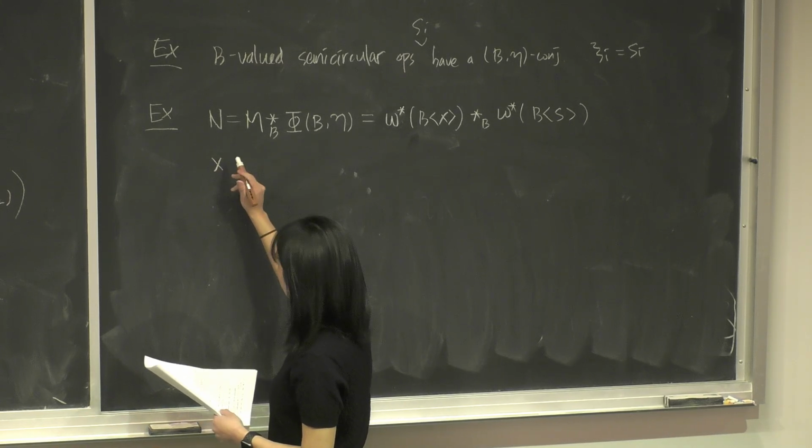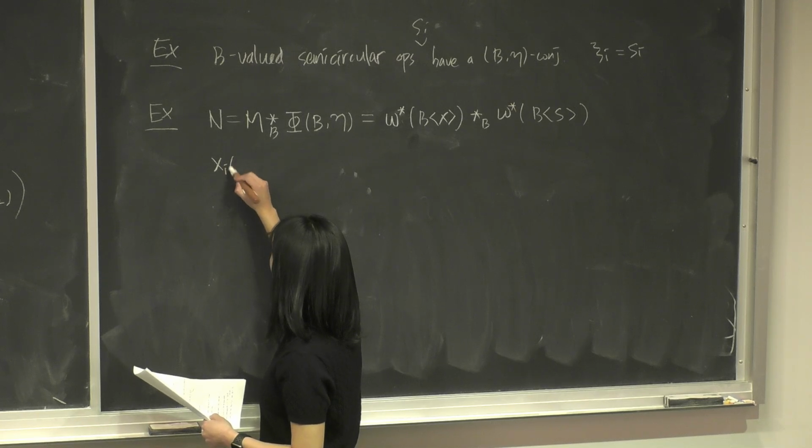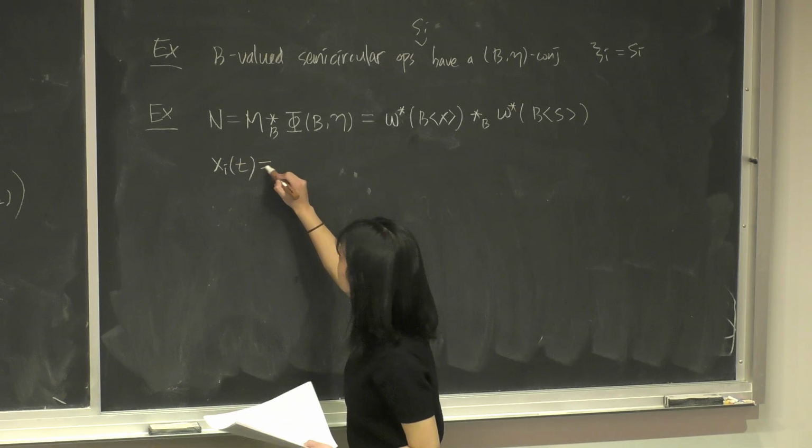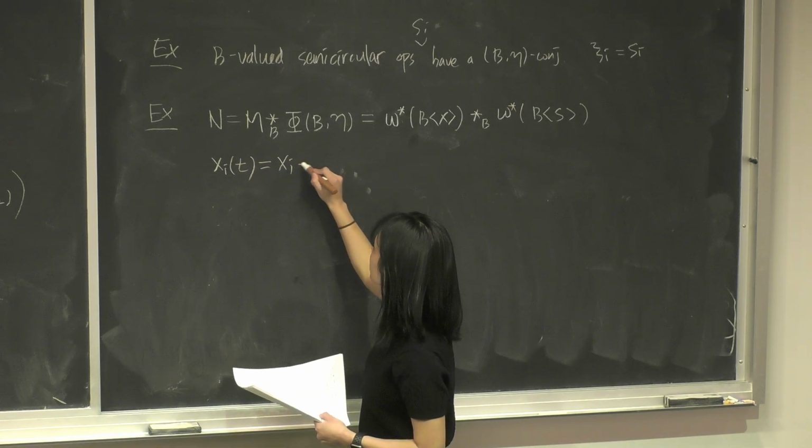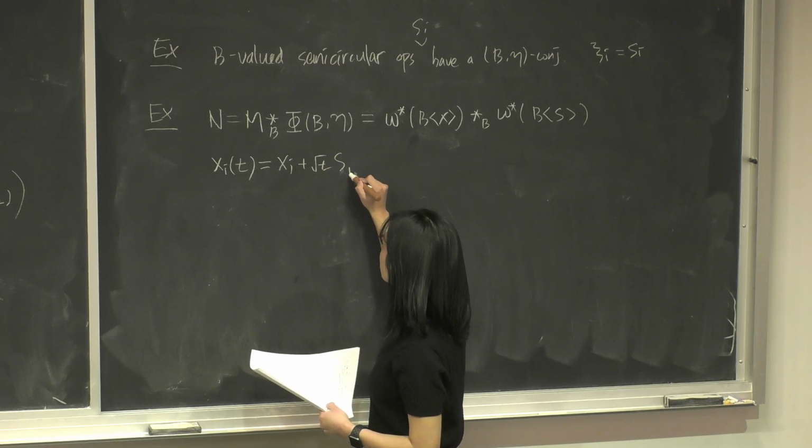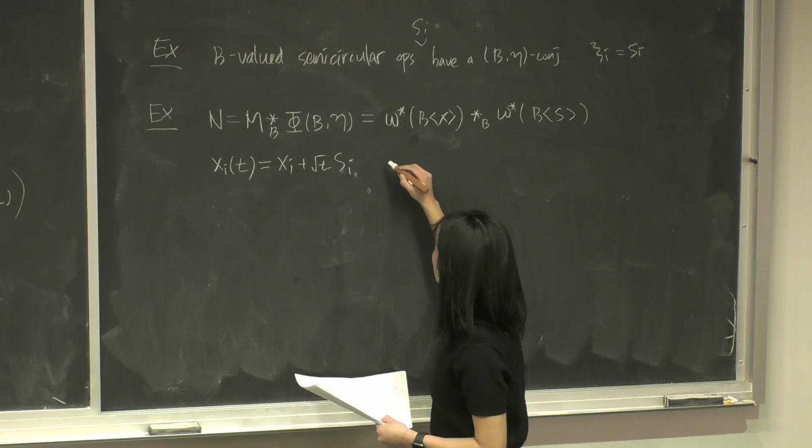And we think of this new operator X_i^t defined as X_i plus square root of t times S_i.